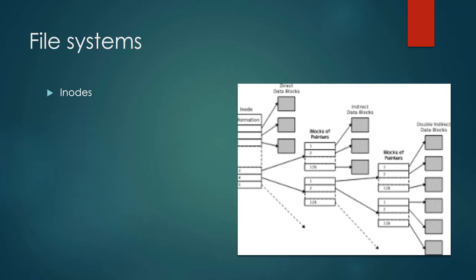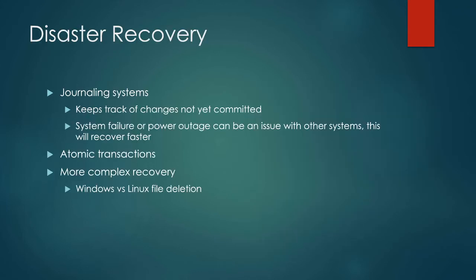So what you can end up having is a table that has a pointer to another table, which will have more pointers, so that you can end up having a larger set of data blocks. In practice, this means that we can have larger files than we might be able to have under something like a FAT16 or FAT32 system.